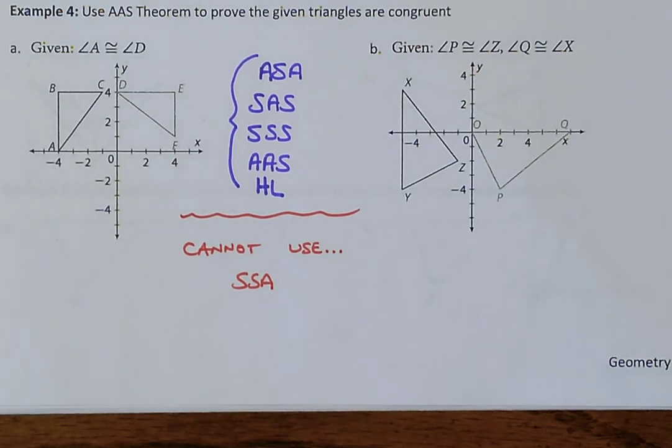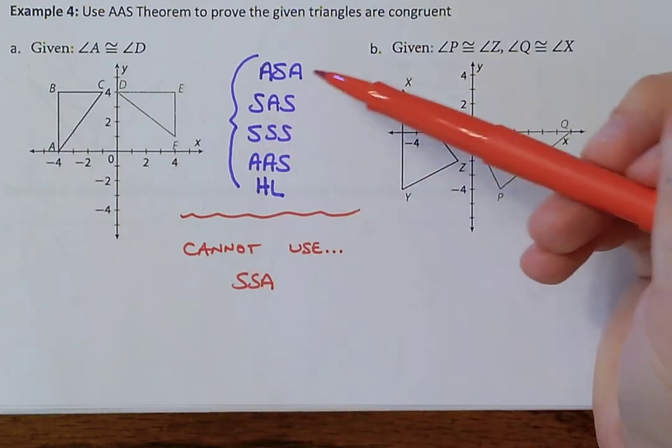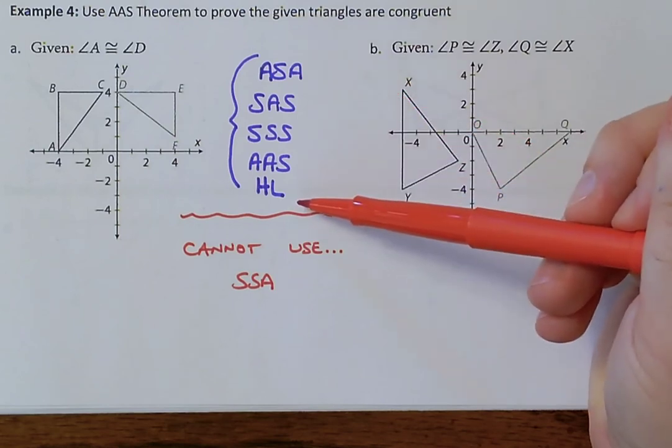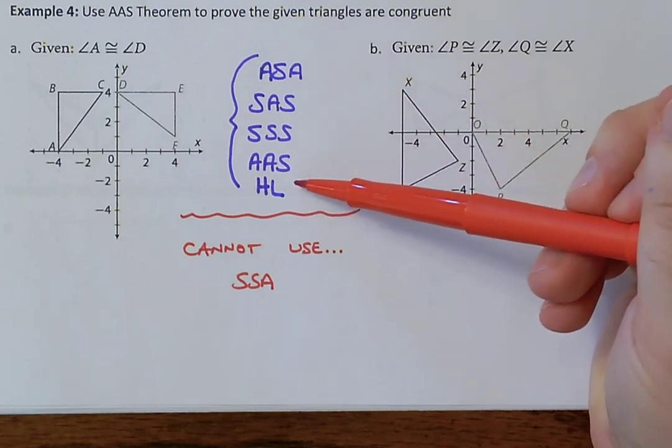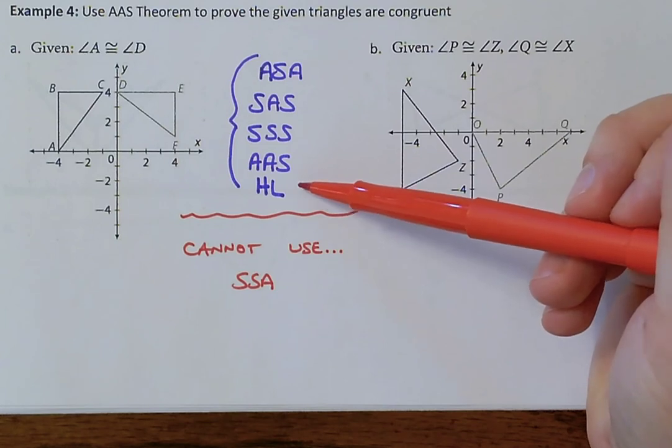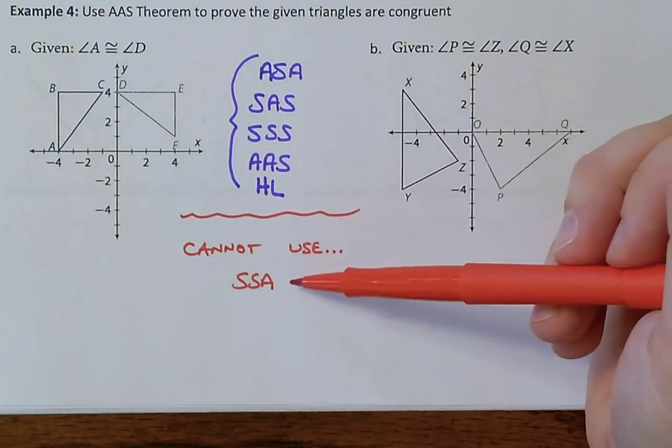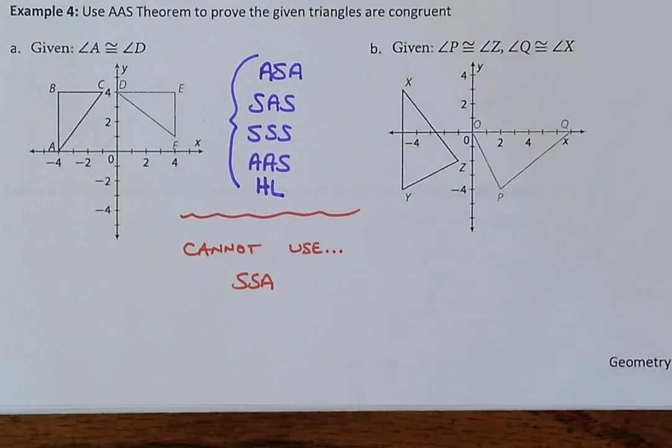Okay, that's the only one we cannot use, because if we reverse the order, it spells a certain word. Just like in real life, we cannot use that in math. So these are the 5 that we will be ending up using after we talk about HL, or hypotenuse leg, tomorrow. This is the one that you cannot use. But otherwise, that is it for today on section 6.2 on angle, angle, side.